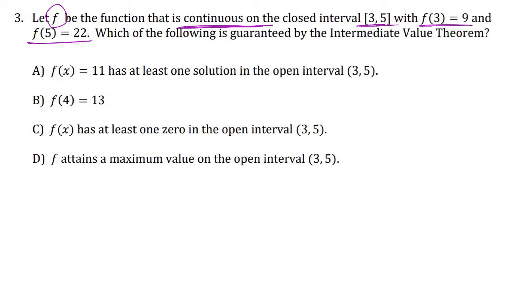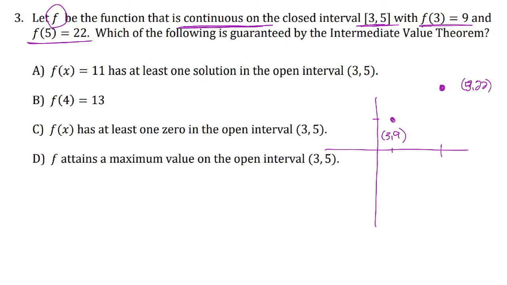So I would go ahead and plot these 2 points. Now it's just a rough sketch of what's going on with them. We have 3, 9, and then we're going to have 5, 22. That was 5, 22, and this point down here was 3, 9.